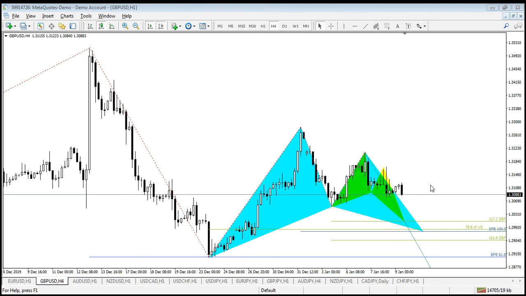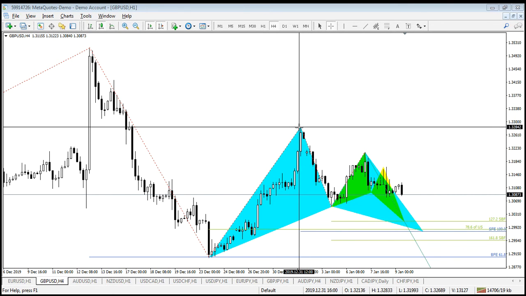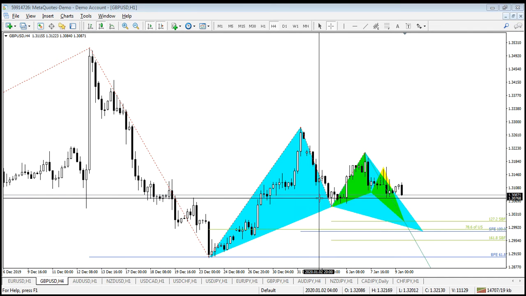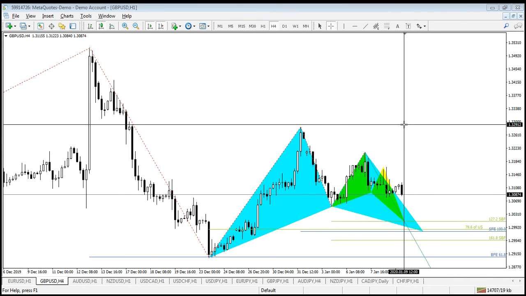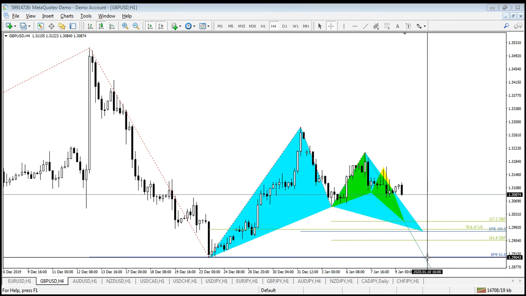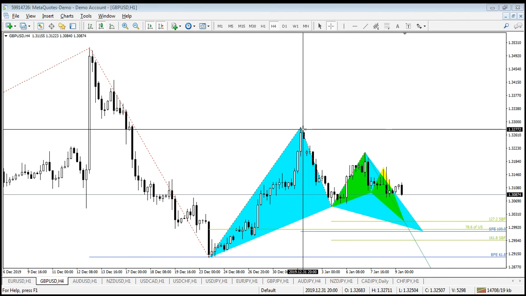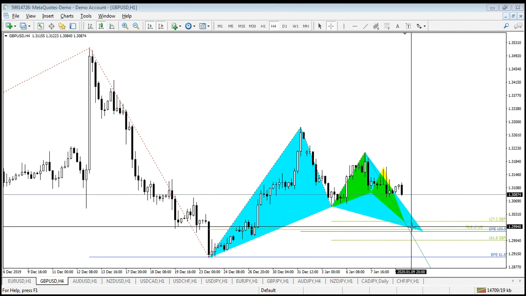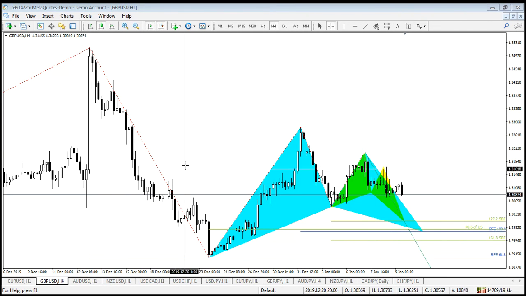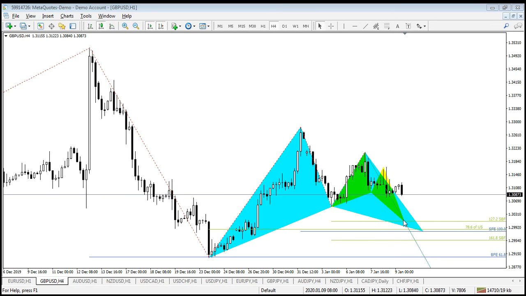Now let's talk about the price and which targets can really be completed. If we look at the speed from here to here, this downswing is faster than the previous downswing. The recent downswing is not as fast as the previous downswing. If you look at this line, this is not a trend line.